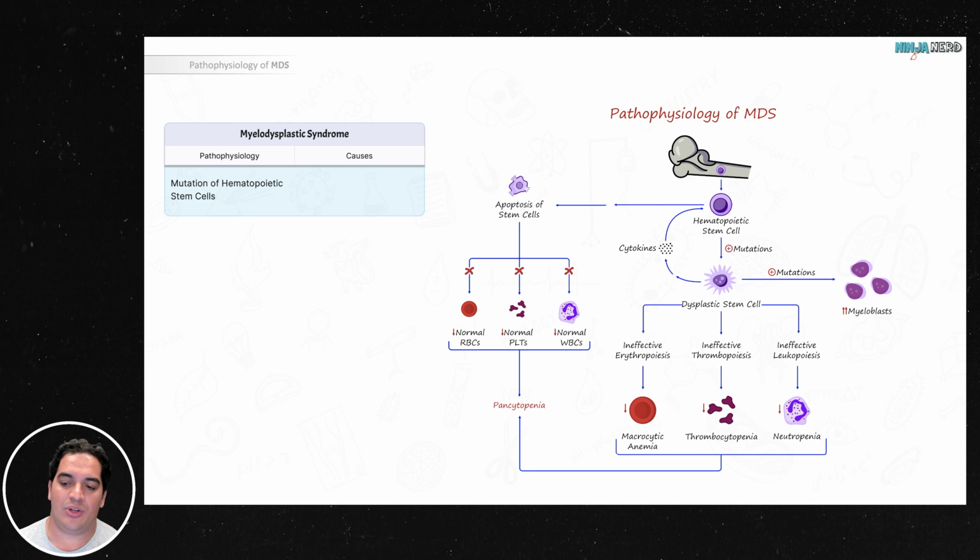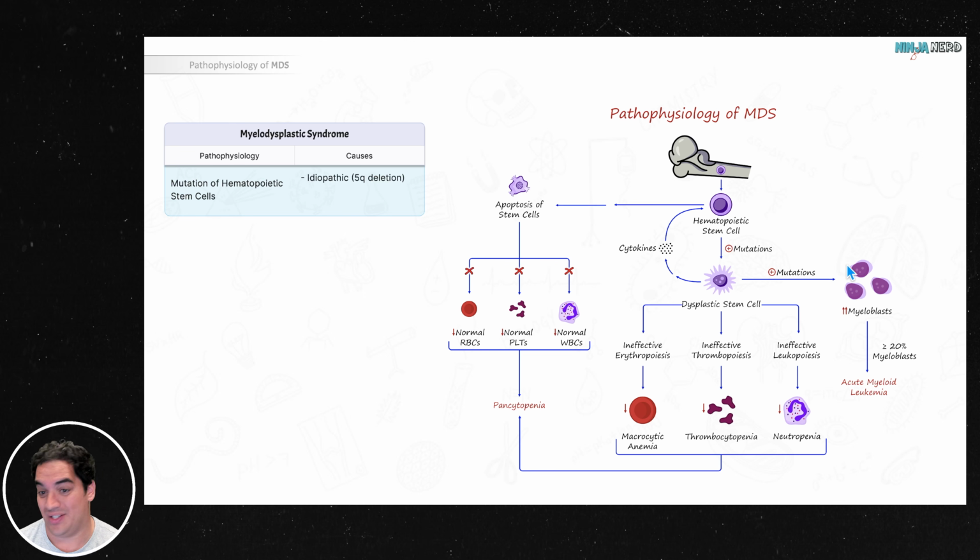The problem is when the amount of these myeloblasts in the bone marrow reaches 20% or more, you increase the risk of this patient developing acute myeloid leukemia. So two of the biggest problems with MDS are the reduction in cell lines or conversion over time to acute myeloid leukemia.